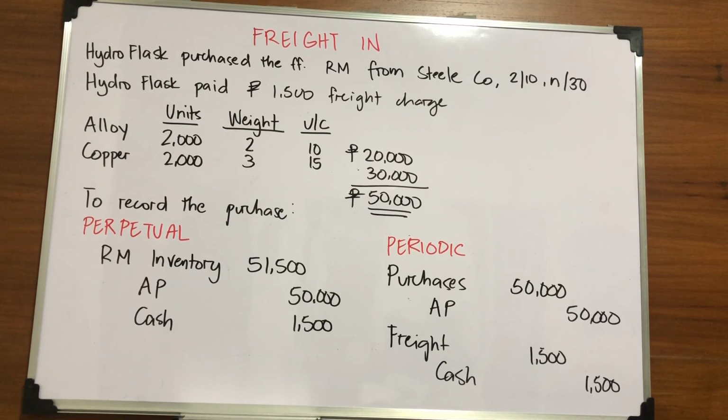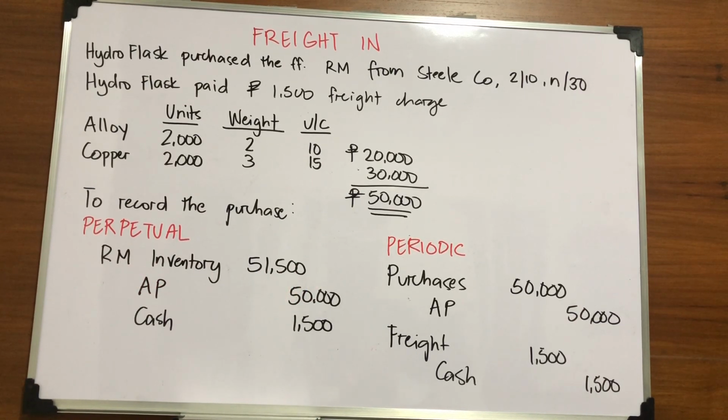So now let's record the purchase. Under perpetual system, we know that the total cost of material is your invoice cost plus your freight charge. So we add the total invoice cost of 50,000 plus the 1,500 freight charge, and you debit raw materials inventory 51,500. Then you credit accounts payable for 50,000.